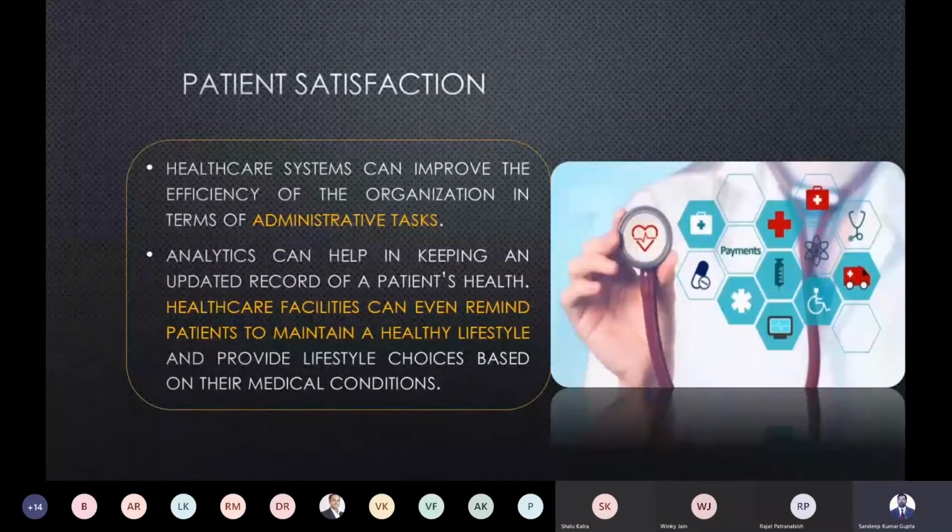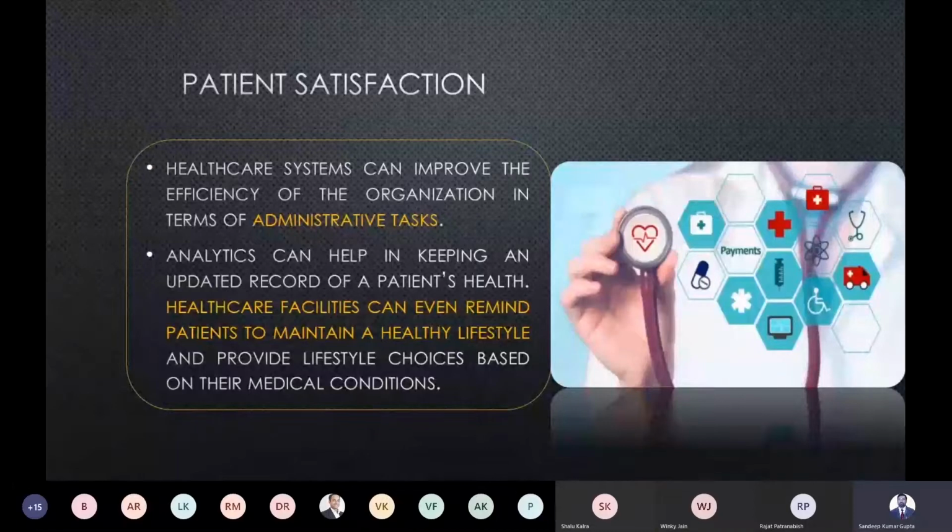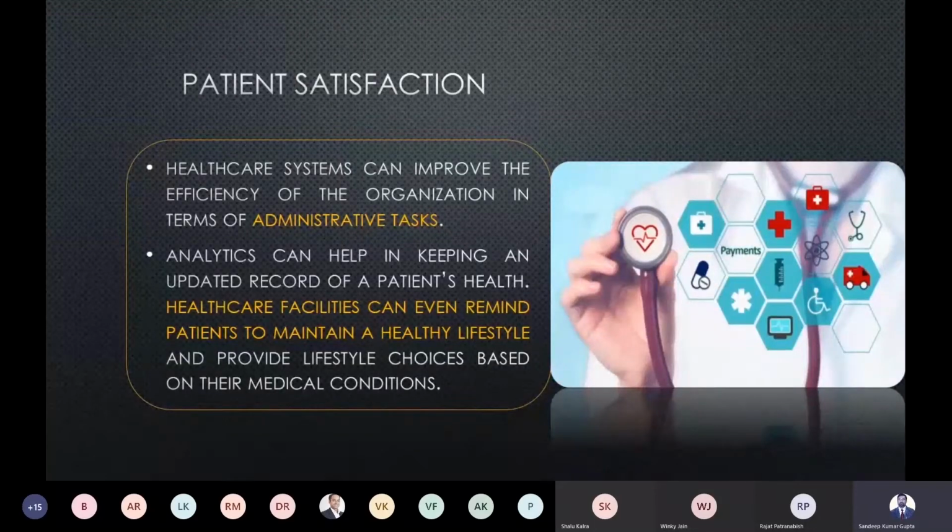After having that matchmaking, we try to allot a particular doctor or clinician to a particular patient so that we can get the best output out of this process, right? So that is how we can improve the efficiency of the system. Treatment success rate, all those things can be improved by this.